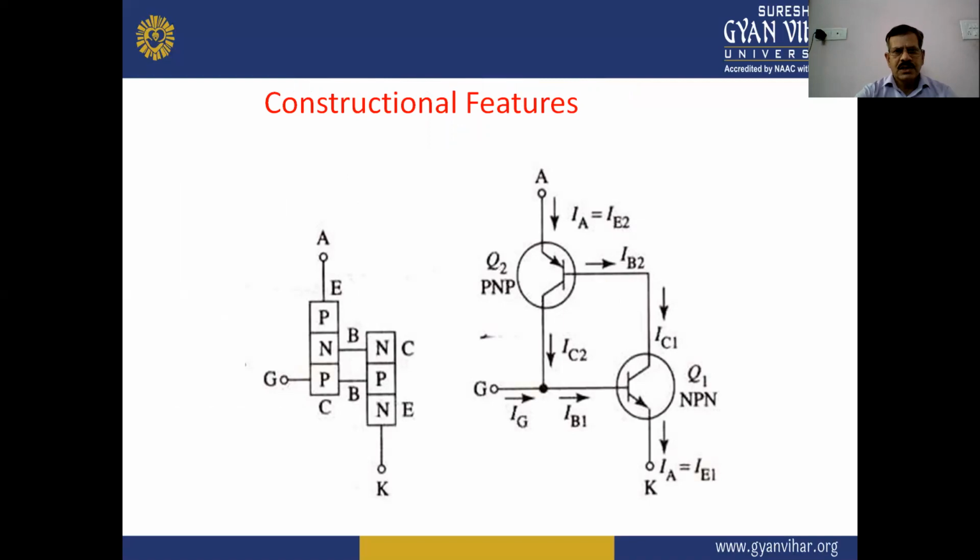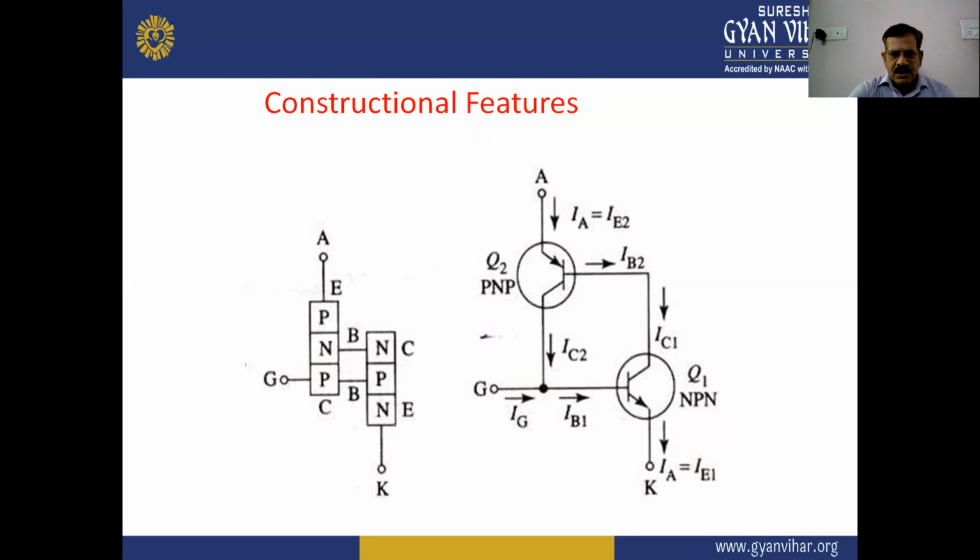There are some constructional features of the SCR. In this construction, generally two transistors are connected to each other. Here transistors Q1 and Q2, two transistors, one is NPN and second is PNP.